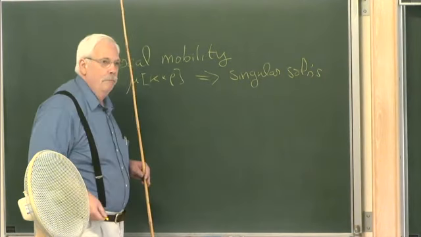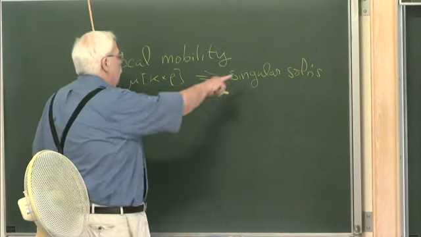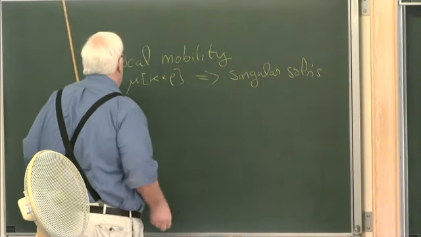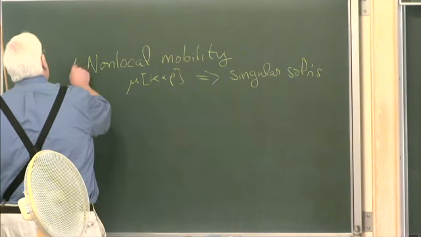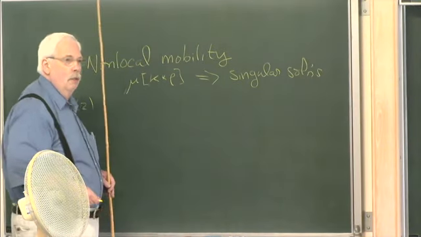And we used the Keller-Siegel model as an example of how this works out, because Keller-Siegel comes with a non-local mobility. Okay, and so that's idea number one, which we talked about in the first two lectures.